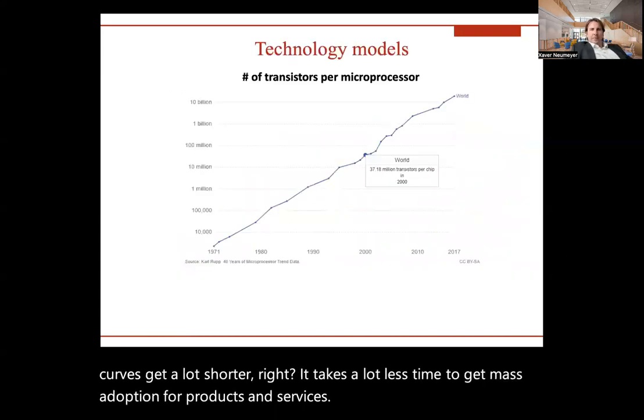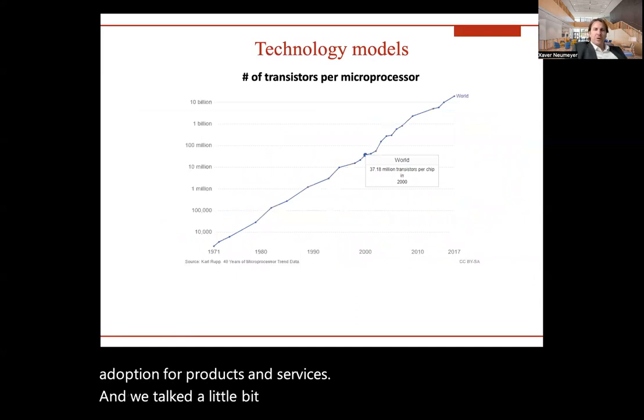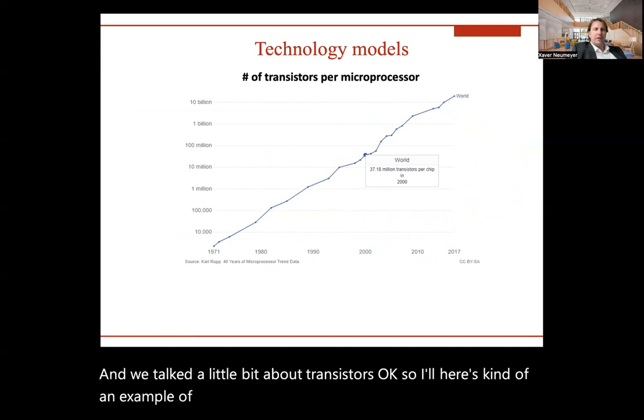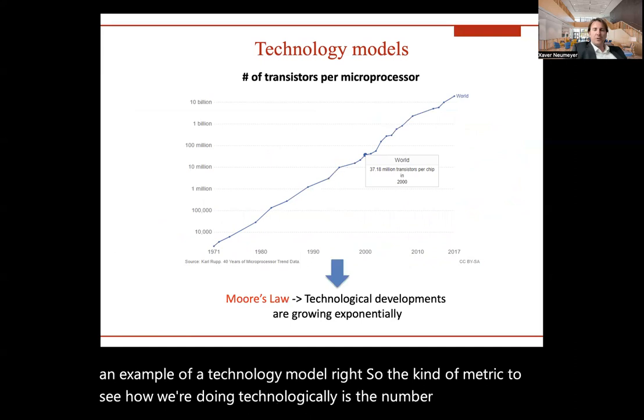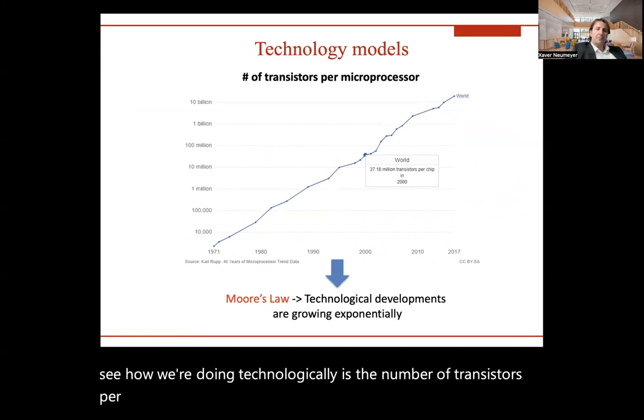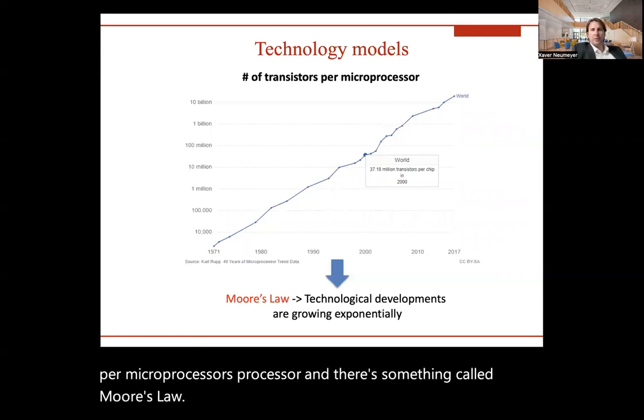And we talked a little bit about transistors. Here's an example of a technology model, right? The metric to see how we're doing technologically is the number of transistors per microprocessor. And there's something called Moore's law, which essentially means that technological developments are growing exponentially.